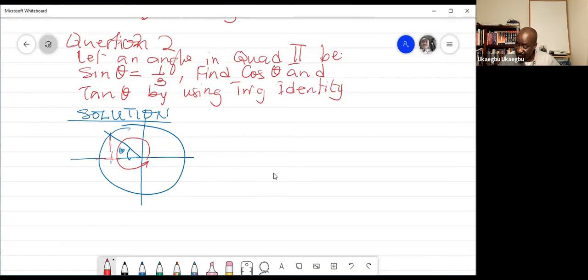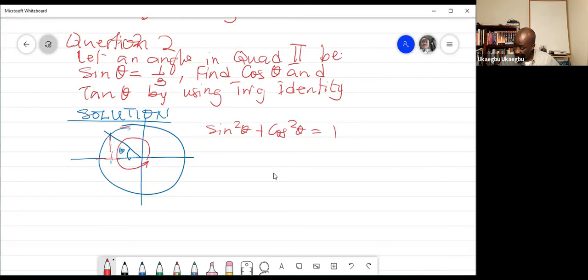The reason why you don't need to worry about it is because they have given you that sine of theta is 1/3, and they've told you that it is in the second quadrant. So just sketch something that shows the second quadrant. And they said to use trigonometric identity. So all you are going to use is sine squared theta plus cos squared theta equal to 1.